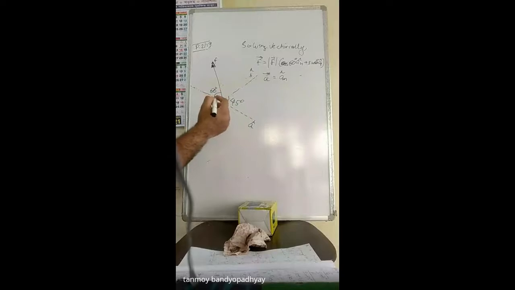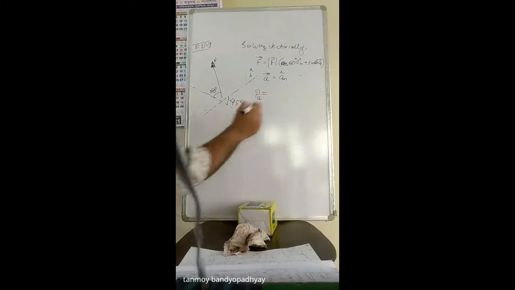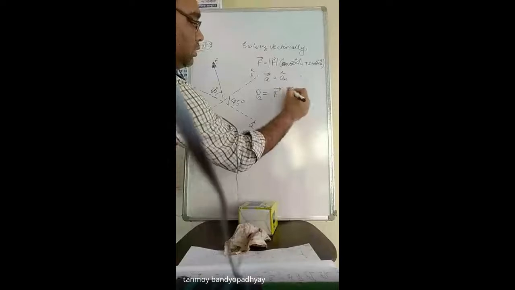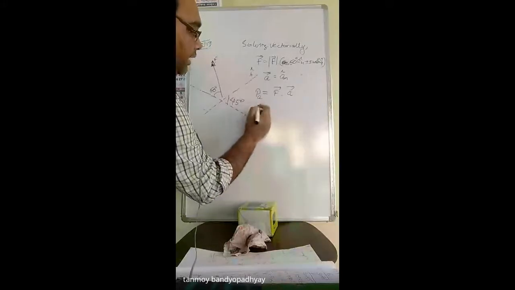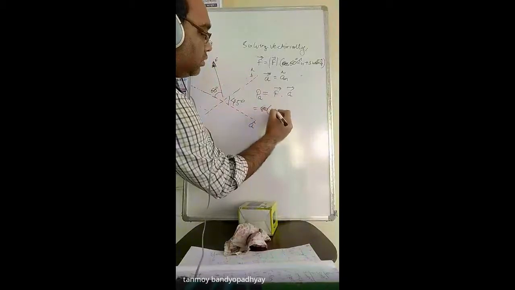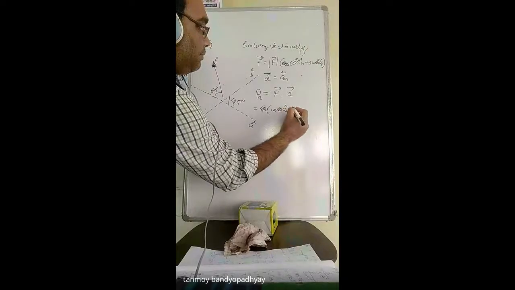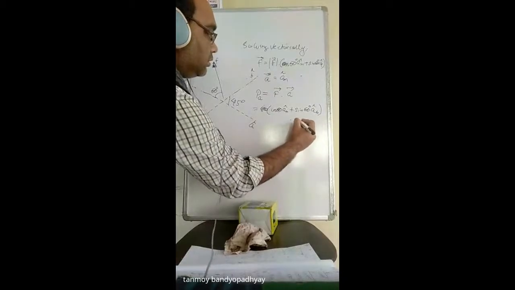Now the projection of the force F on the axis A is given by the dot product of the force F and the vector A. The force F is 800 pound, so it is 800 into cos 60 an cap plus sin 60 at cap, dot an cap.